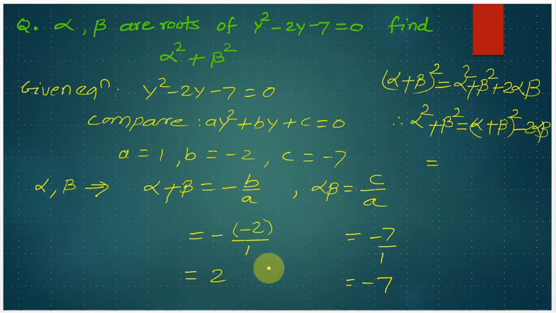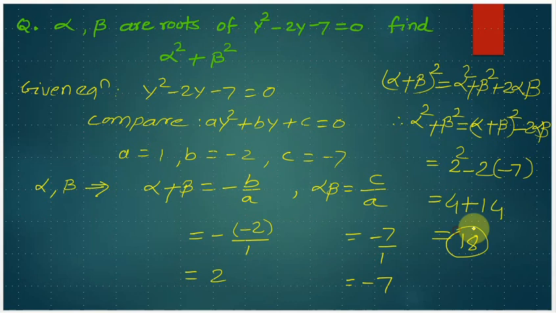Alpha plus beta is equal to 2, so this becomes 2 square minus 2 times alpha into beta's value, which is minus 7. So 2 square is 4, minus minus becomes plus, and 2 into 7 is 14. So alpha square plus beta square is equal to 18. This is a simple question, and it is asked many times in the exam.